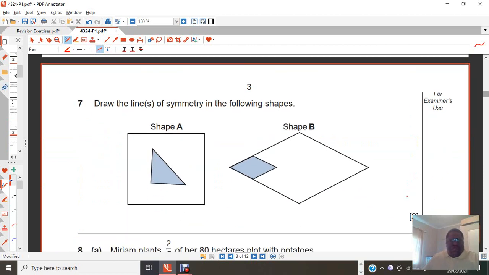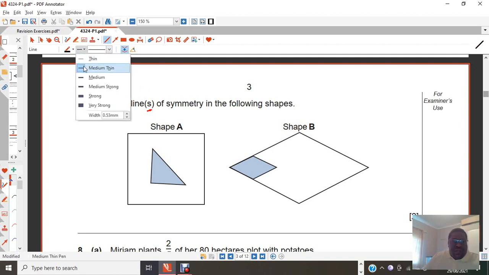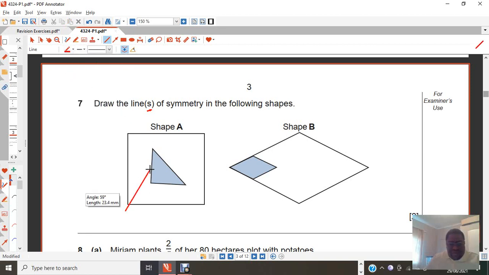Right, here they ask you to draw a line or lines, could be more, of symmetry in the following shapes. 2 marks, so I guess you take your ruler, and let's see if we make it a little bit thinner. Let me make it red. So, line of symmetry, well, we can start over. That would be the line of symmetry. So just move it a little bit slightly.